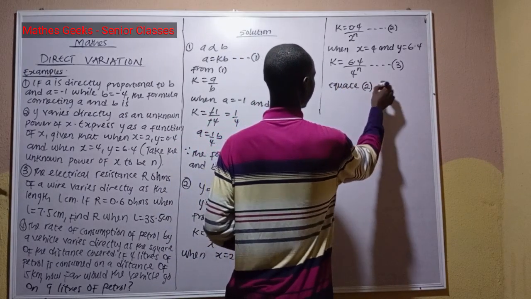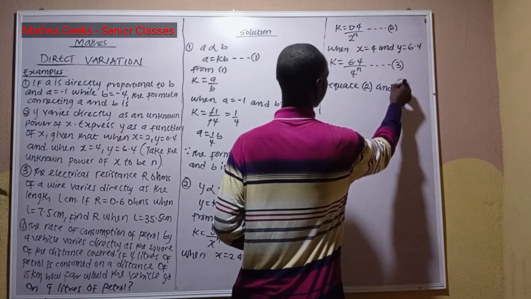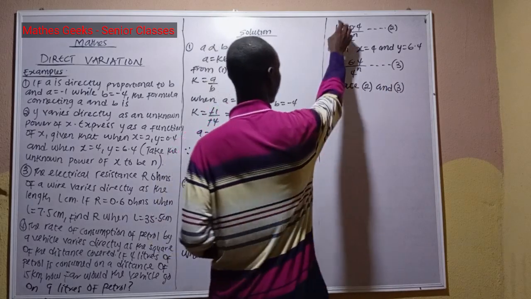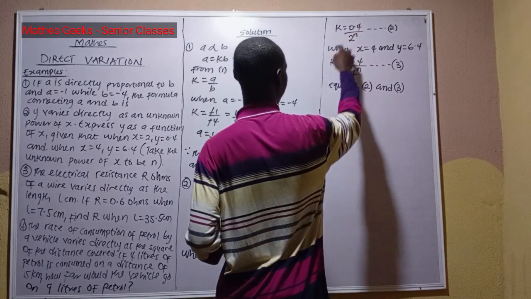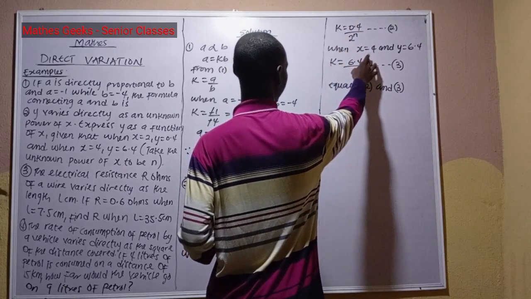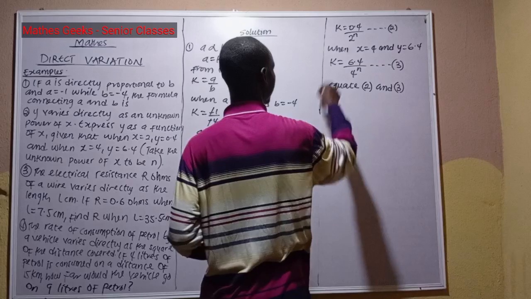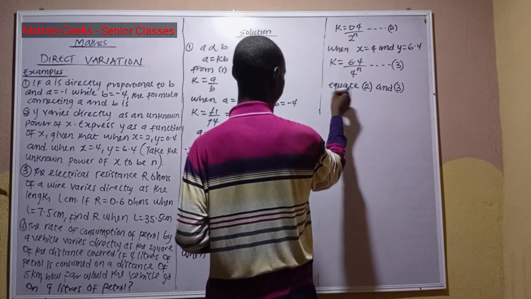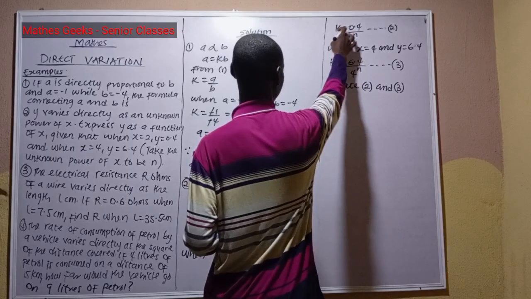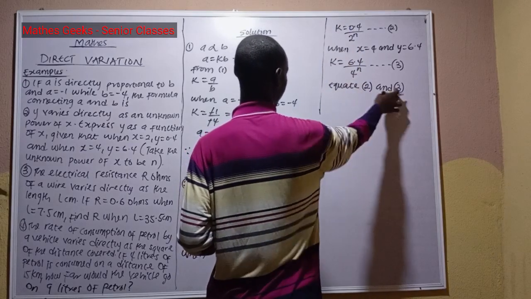We equate equation 2 and 3, because in equation 2, k is equal to 0.4 over 2 raised to the power n, and in equation 3, k is equal to 6.4 over 4 raised to the power n. So both expressions are equal to k, so that means they are equal to each other. That's why we're equating 2 and 3.